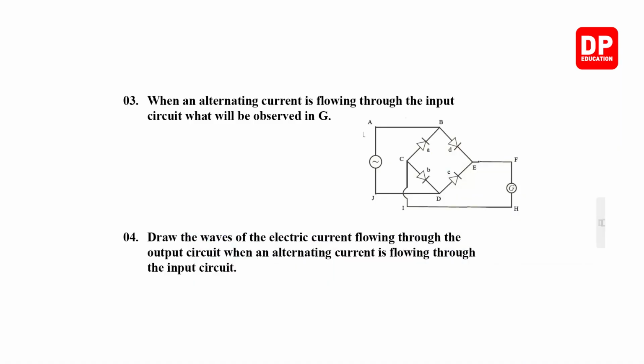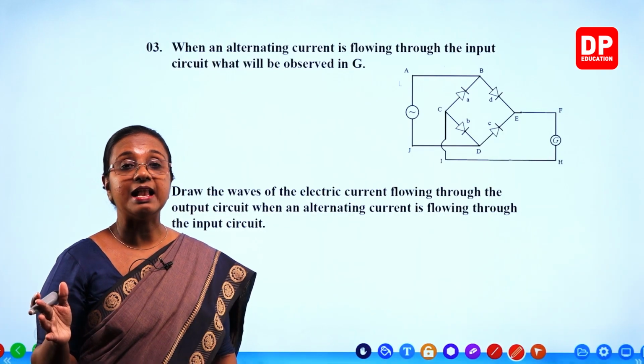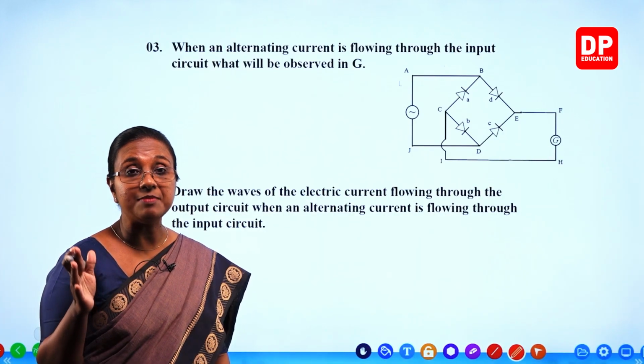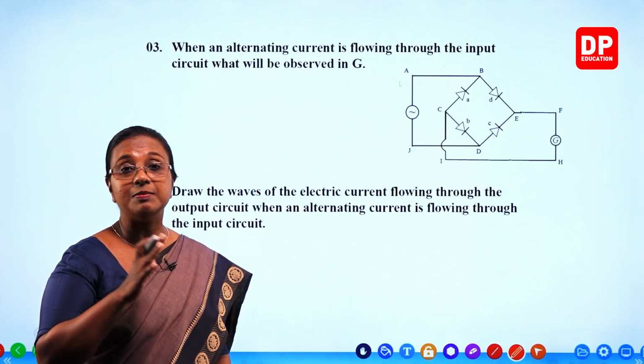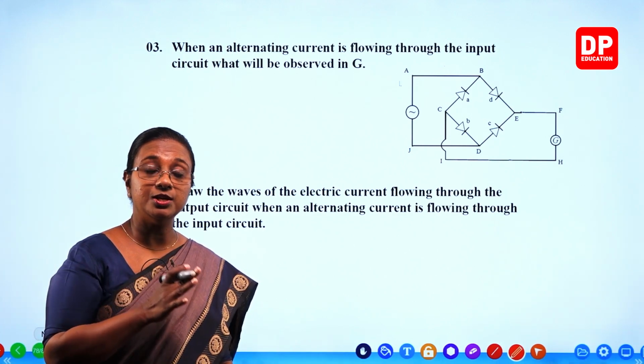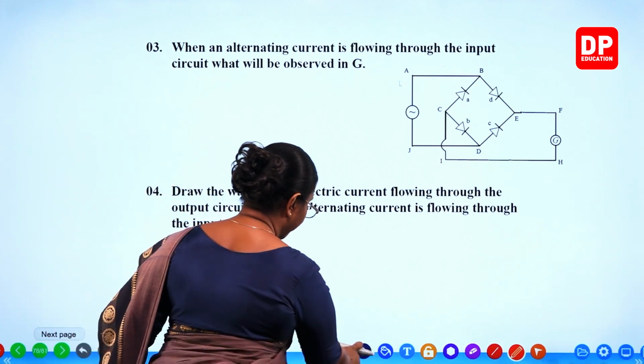Then here, when an alternating current is flowing through the input circuit, what will be observed in G? You will see the deflection in the galvanometer in the same direction, but there will be a fluctuation between 0 and a maximum value.